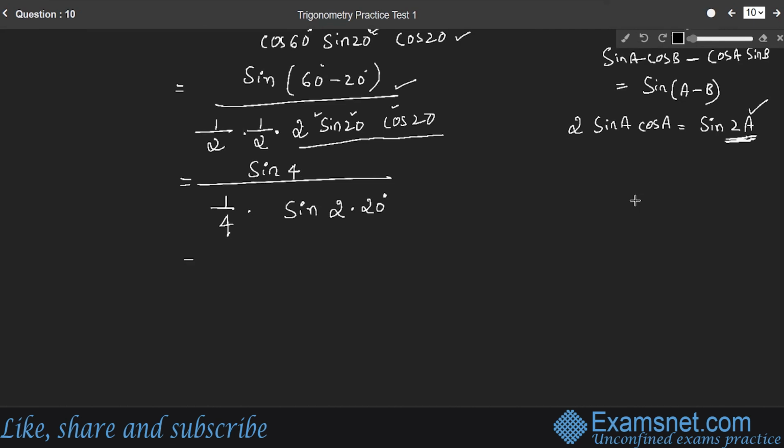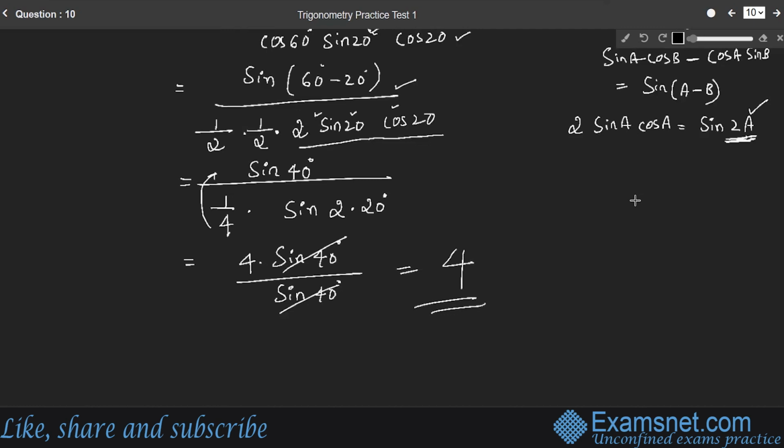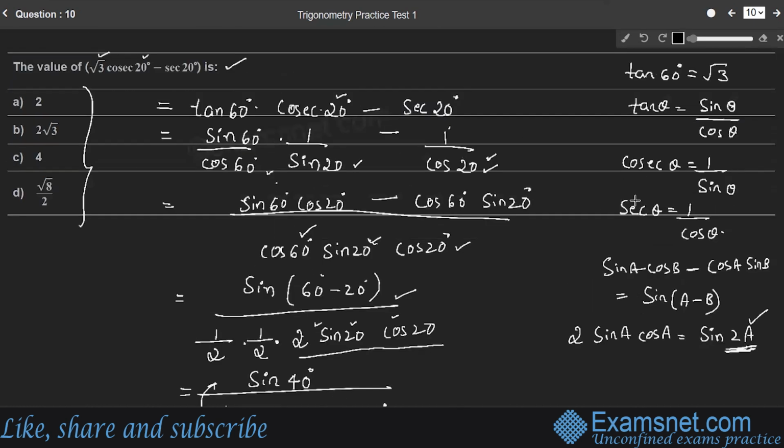Therefore here in 1 by 4, the 4 goes to the numerator. It becomes 4 times sine 40 divided by sine 2 into 20, which is 40. Sine 40 and sine 40 will get cancelled. So we have 4 as the final answer. Right? So option C is the right answer.